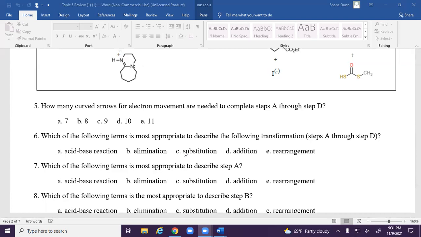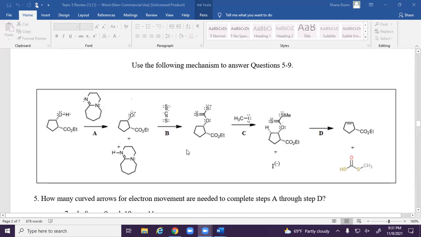Which is an acid-base reaction. So this right here is acid base. What's B? Addition, elimination, rearrangement. Addition. It is addition.